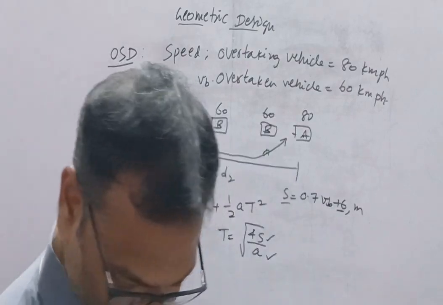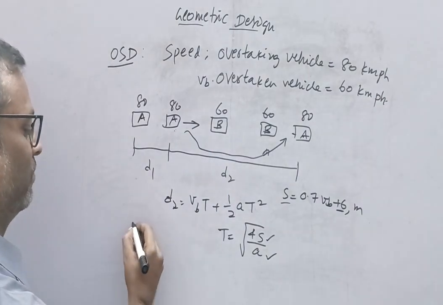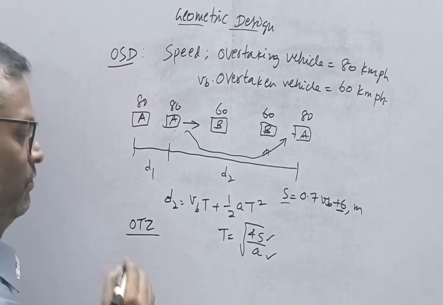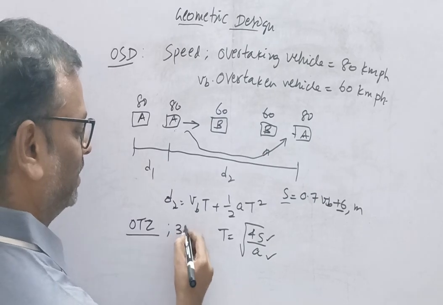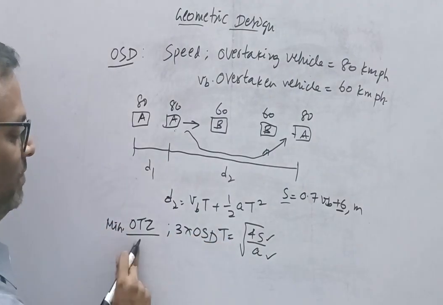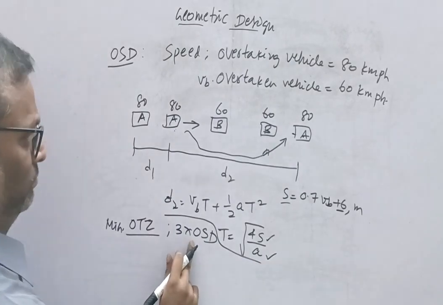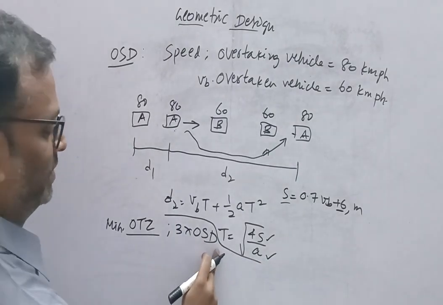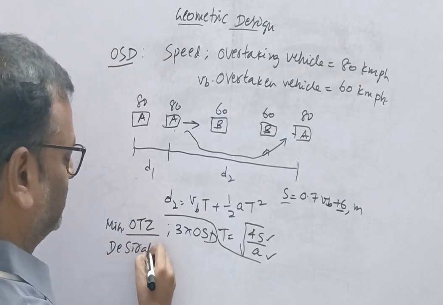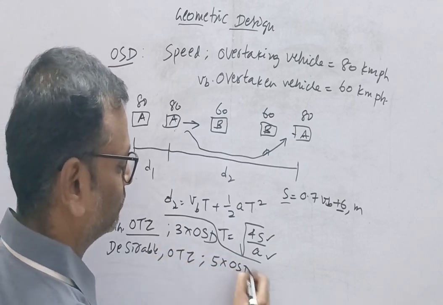So remember all this. And also they may probably ask, what is the distance of overtaking zone? Minimum distance of overtaking zone is 3 times overtaking sight distance, and desirable length of overtaking zone is 5 times.